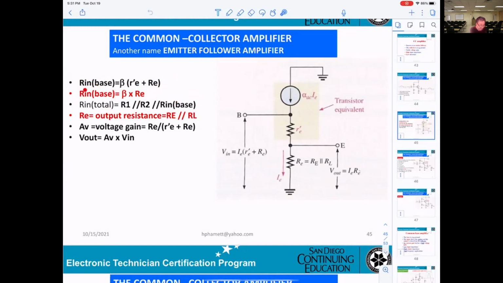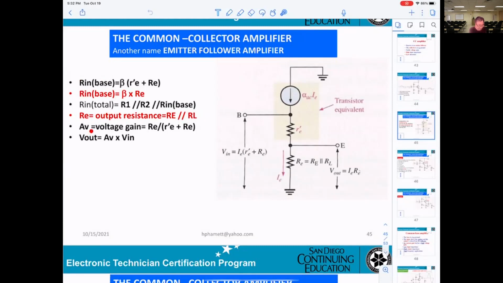That's the R in base right here. R small e, which we call the output resistance or output impedance, equals R big E parallel R big L.